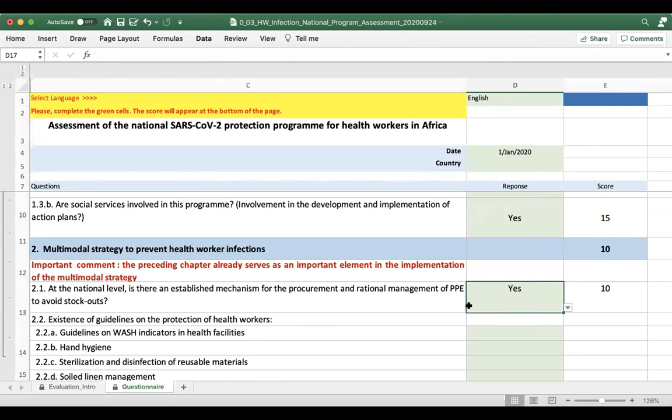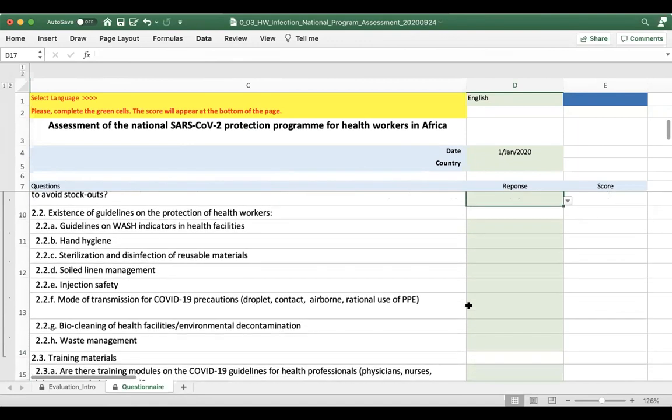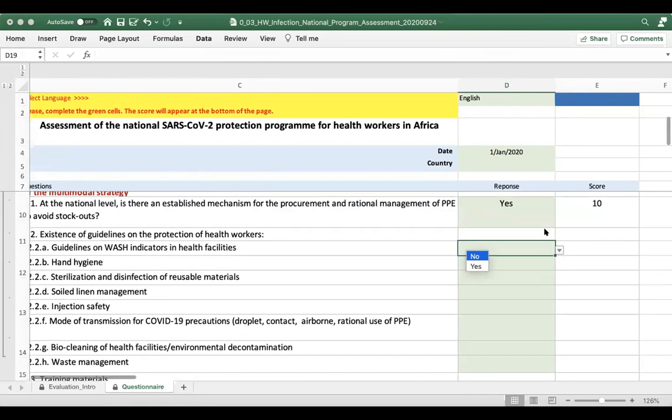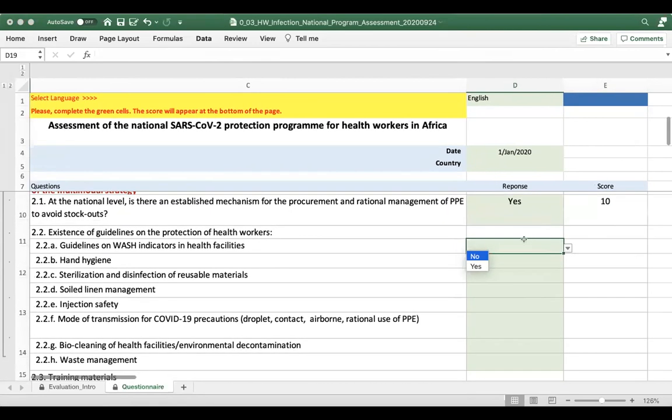Then you would move on to 2.2, and this is talking about guidelines and specific information that's available in guidelines to protect healthcare workers. Based on your assessment, you would go through and respond to each question based on what content is available in your IPC guidelines to keep healthcare workers protected from COVID-19.